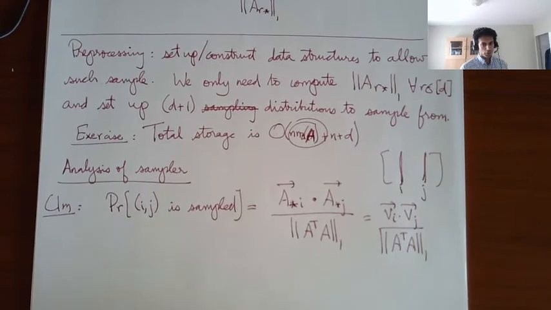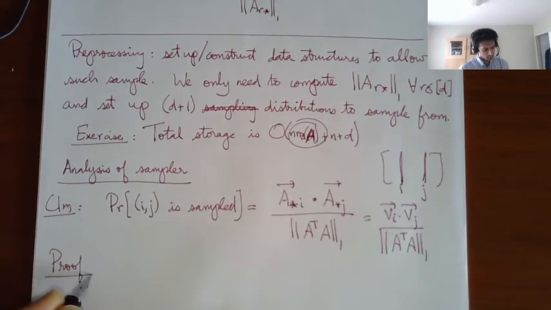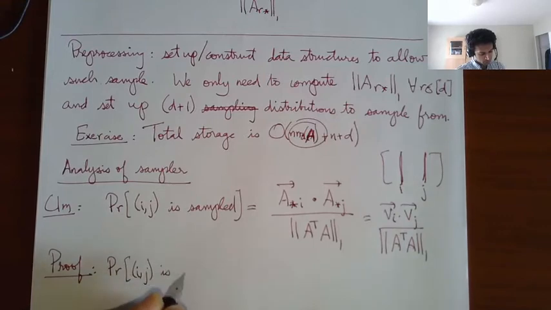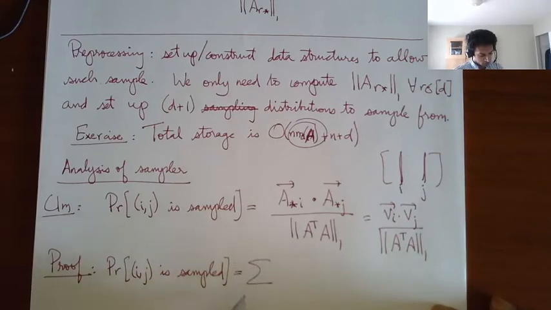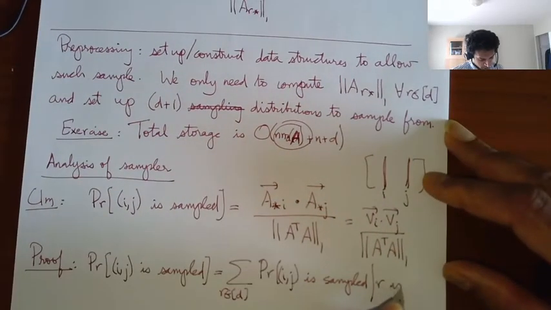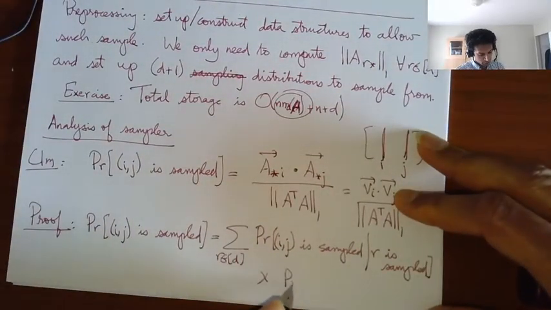Okay, and so the proof of this is quite simple. Let me just break this up into conditional events. What is the probability that ij is sampled? Well, it's the summation over all r of the probability that ij is sampled conditioned on r being sampled, times the probability that r is sampled.